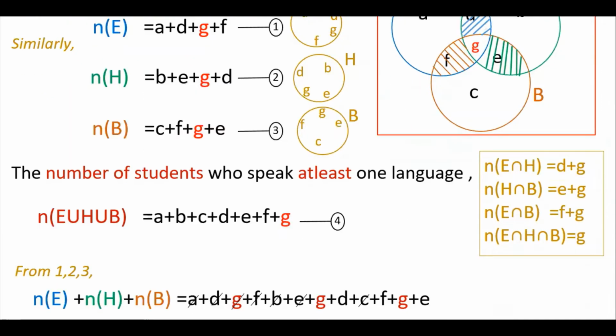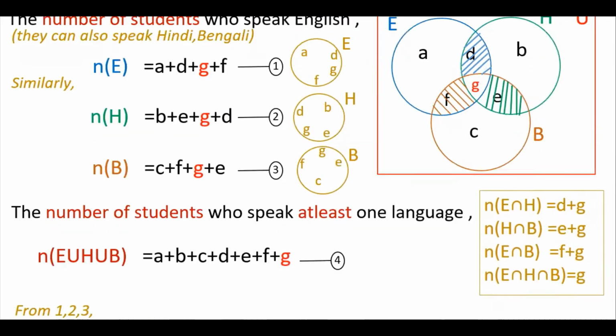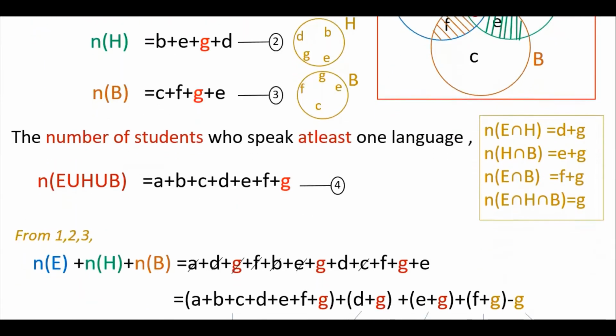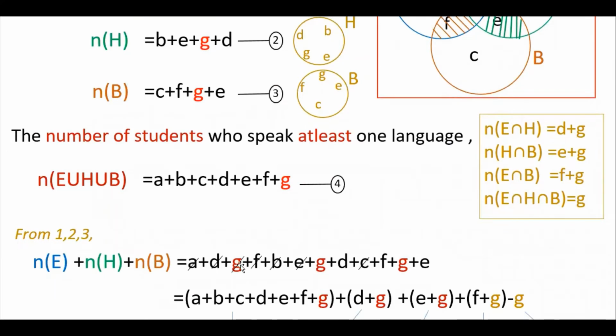And from one to three, if you add all these three values, N of E plus N of H plus N of B on the left side, and on the right side you will get A plus D plus G plus F and so on.